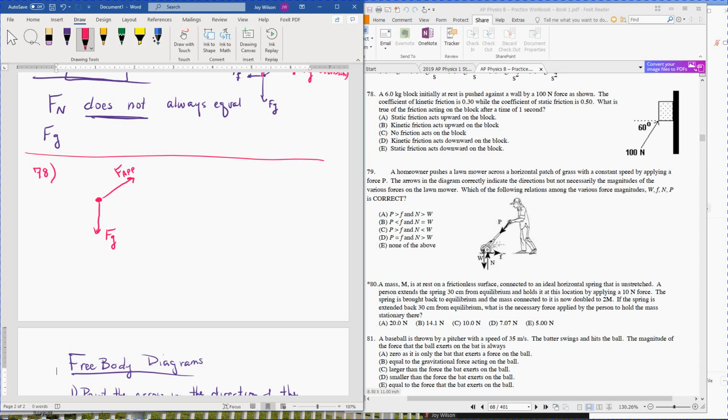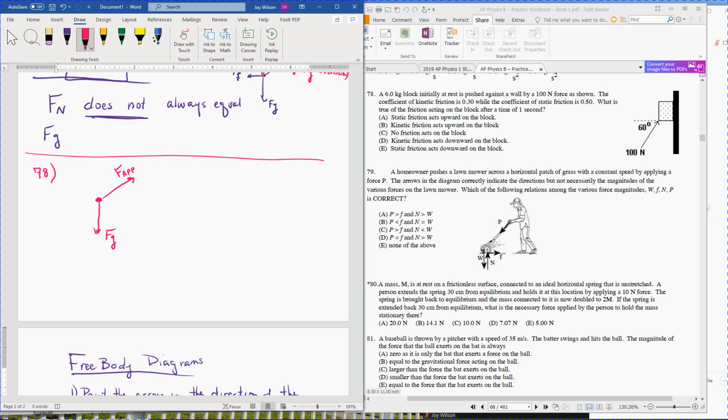A block is being pushed up against a wall. It's kind of a weird way to push a block up against the wall, but maybe you're holding it up there so that you're going to hammer something in or keep something level or draw a line, things like that. They tell us the coefficient of kinetic friction is 0.30 and the coefficient of static friction is 0.50. What is true of the friction acting on the block after 1 second?